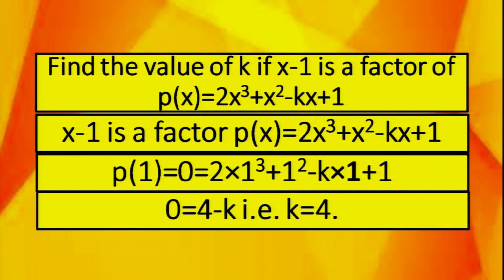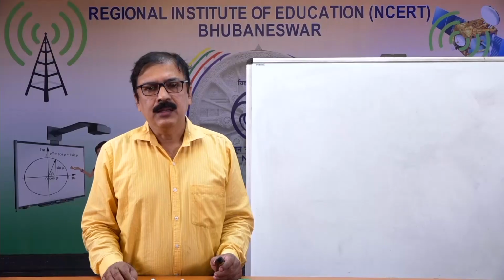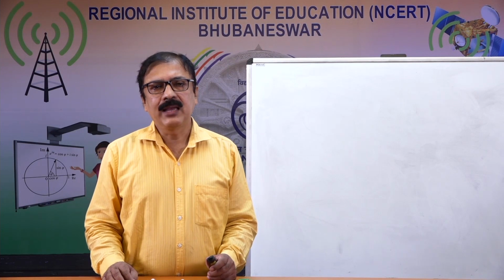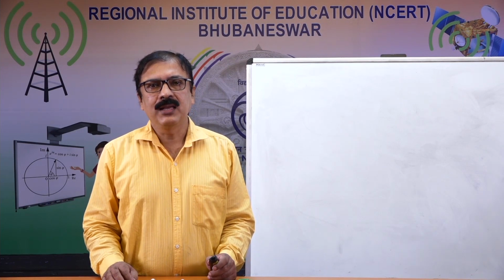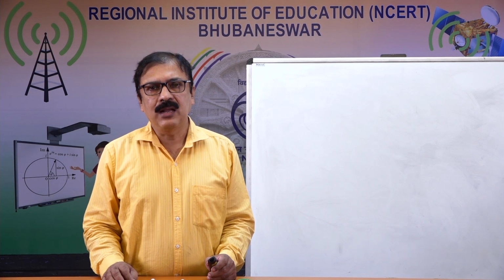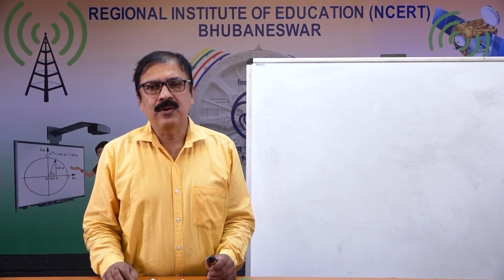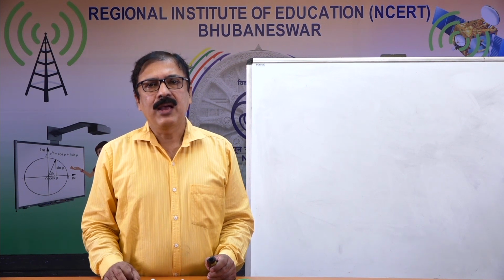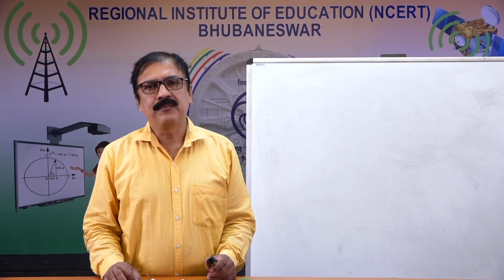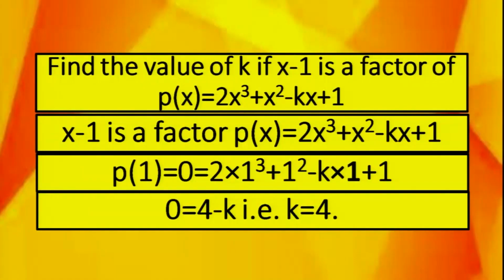So 0 is equal to 4 minus k. Now by taking minus k to the left side of the equation, we get k is equal to 4. See, by using the factor theorem, we can solve such types of problems. Now look at the screen. Here we have another problem.